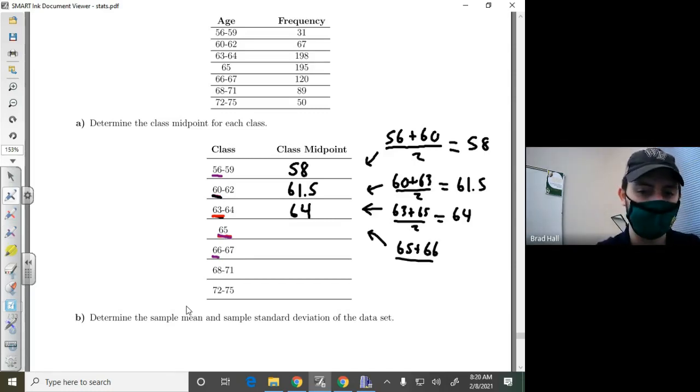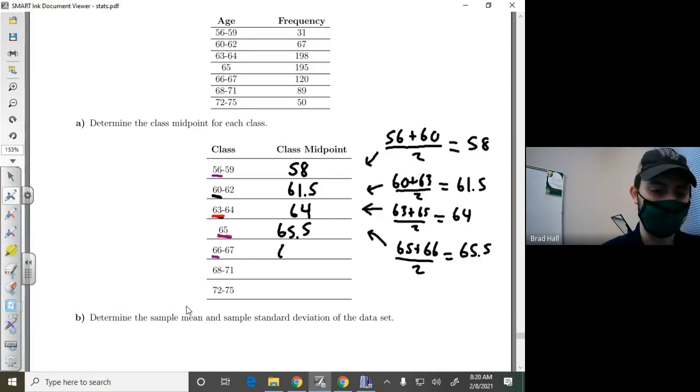I don't think I have to write out any more. 65 and a half. And then the next one should be 67. And the next one should be 70.